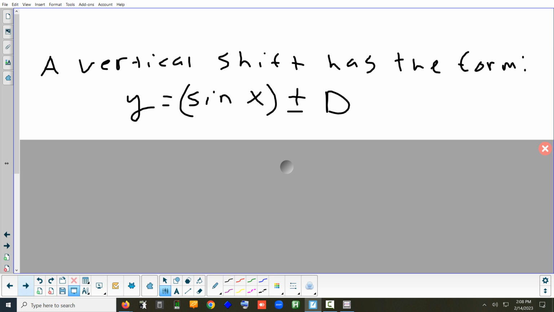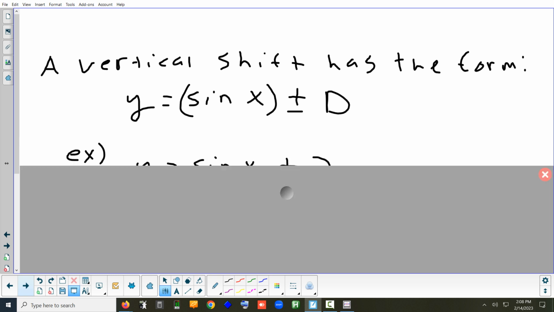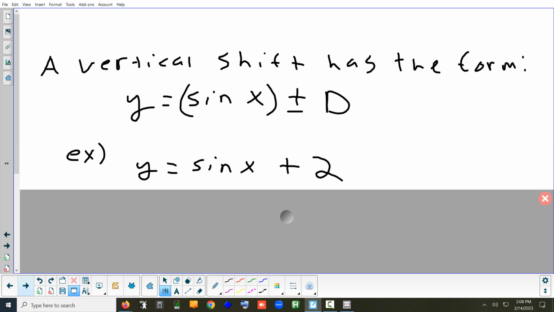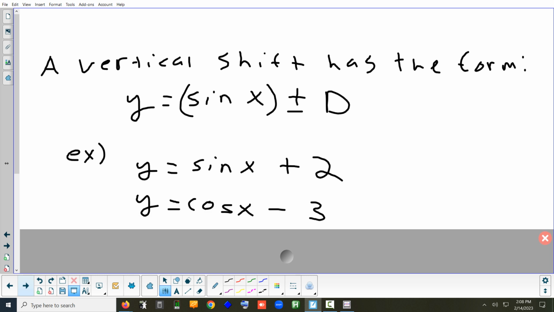When you add or subtract a number this way, it's a vertical shift. But we did adding and subtracting yesterday. What's different about this adding and subtracting versus the one we did yesterday? It's outside of the parentheses. Right. For this to be a phase shift, you have to put parentheses around the letter and the number.